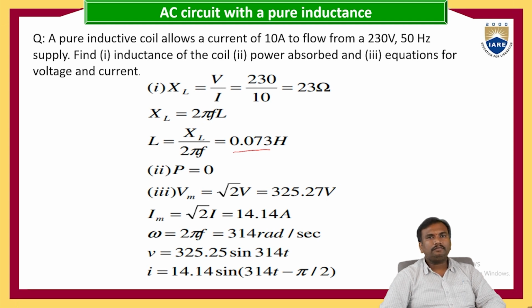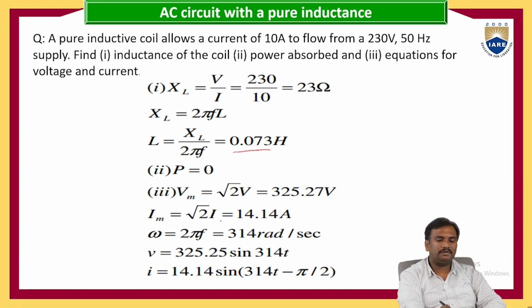And we need to calculate the maximum value of voltage and the maximum value of current, that is Vm is equals to root 2 into V, that is 325.27, and Im is equals to root 2 into I, that is 14.14 amperes. Here, sorry, already the I value is given, that is 10 amperes.